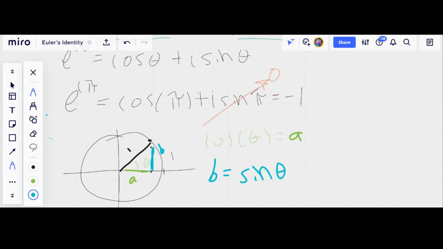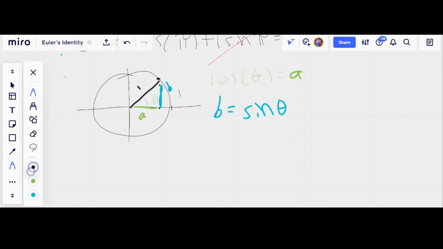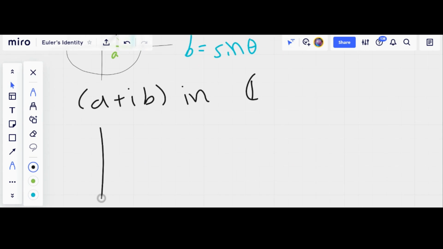Now, in the complex plane, remember, when you have some point in the complex plane, the real part is simply how long a is, right? So let's say we have a point in the complex plane, I don't know, let's say I have this point here, a + ib, which I will denote as c.